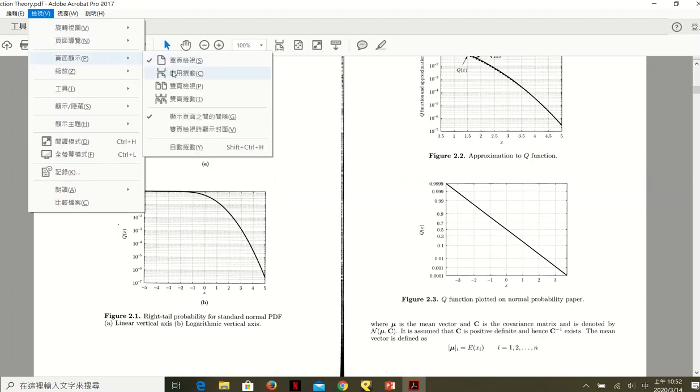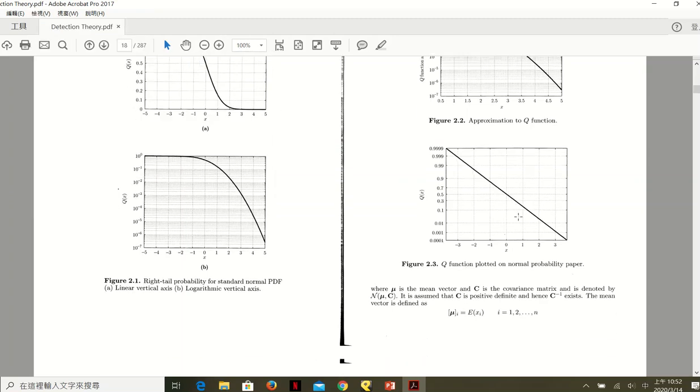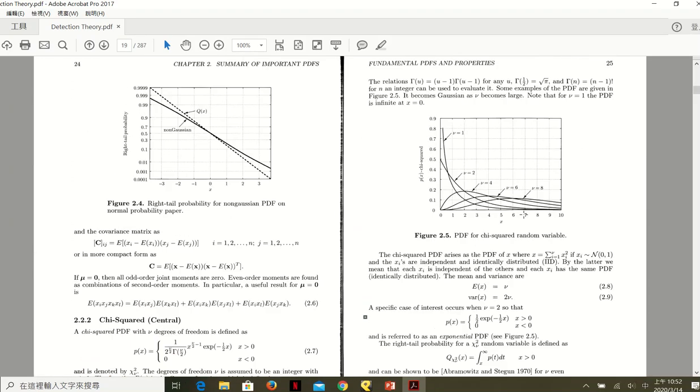I think I need to change the settings a little bit. Okay, yeah, that'll be easier.